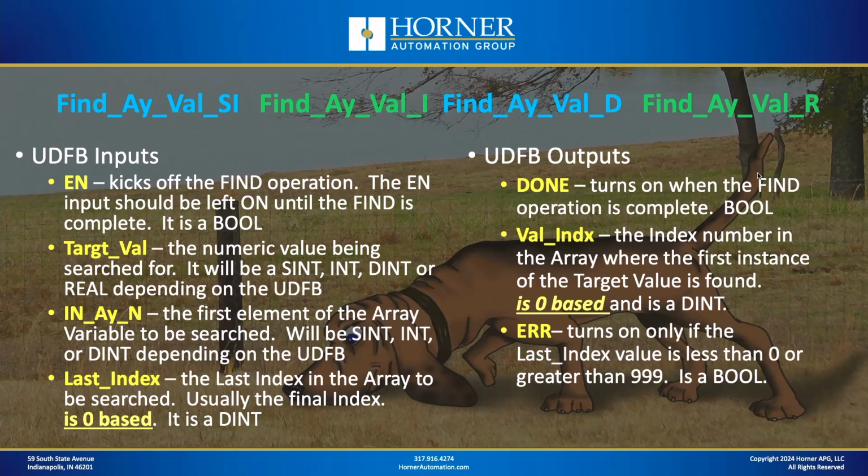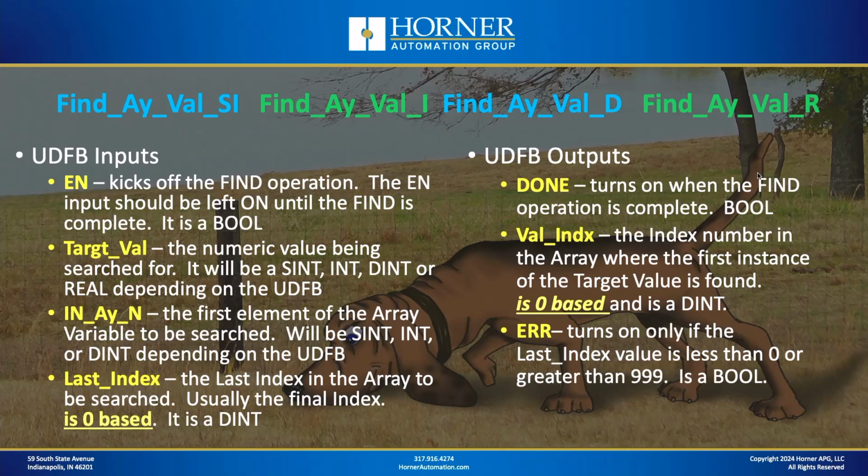The next input is called target value, and that is the specific data value that you're searching for. And again, the type of value that you're searching for is going to vary depending on whether you're looking for a short integer, an integer, a double integer, or a floating point. But the name of that variable is the same regardless of which of those 4 UDFBs you're using. You've got an array of data that you're going to be searching through.